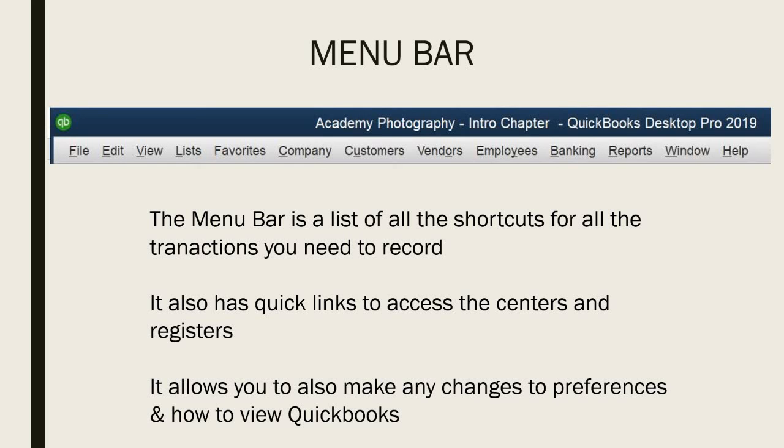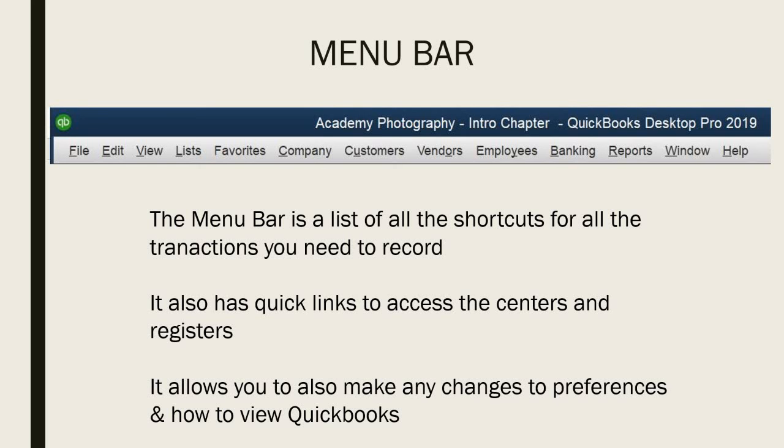But the one thing that you can do is every single tab that you press, right? It's going to give you a drop down list of every single transaction possible for QuickBooks. Okay? Every single transaction possible.